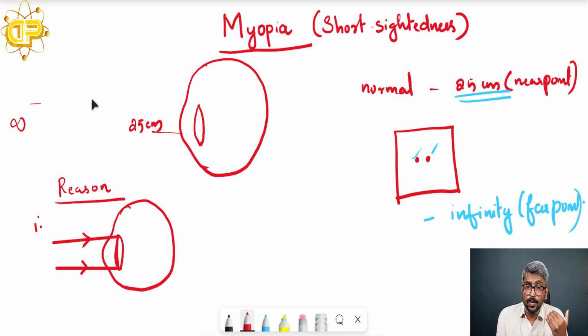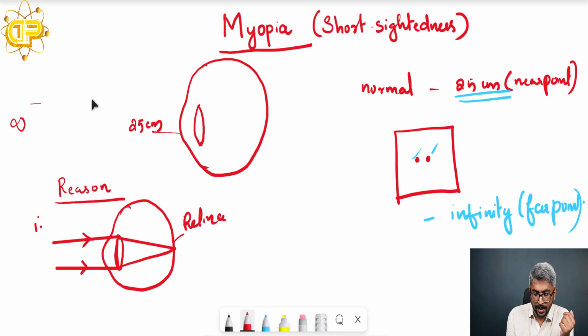After these rays fall on the eye lens, they converge, and usually they should fall on your retina. This part is known as the retina, where the image is formed, and the optic nerves take the image signals to your brain, and it is processed there, and you see the object.